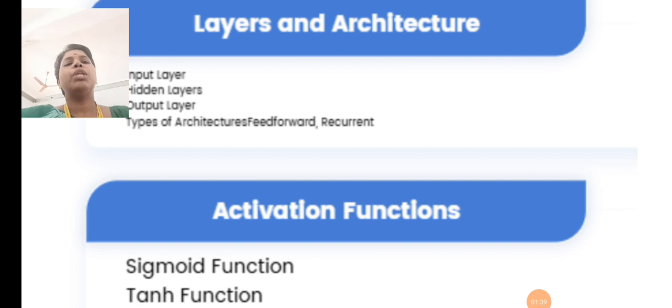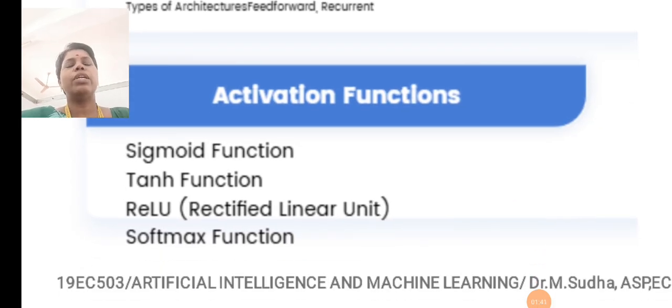Coming to the activation function, we have several logic functions, the frequently used ones being the sigmoid function, tanh function, ReLU, that is rectified linear unit, and softmax function. Based upon the application and complexity of the problem, the activation function will be different.